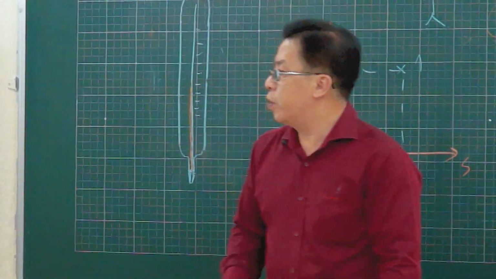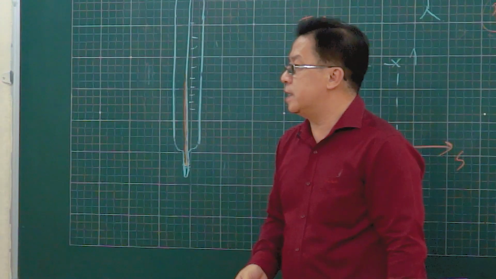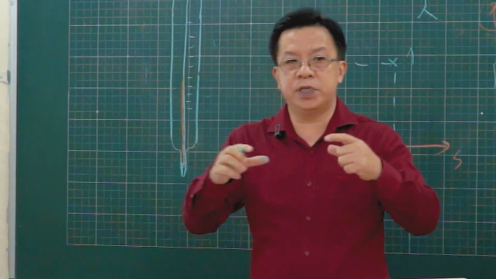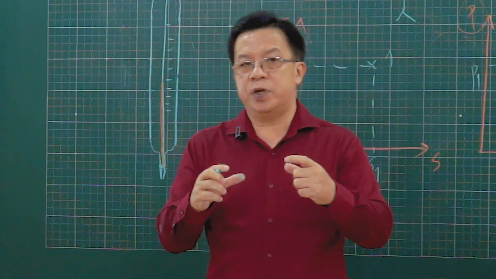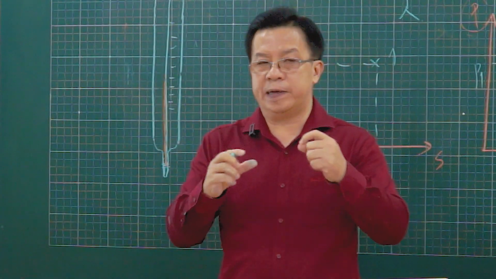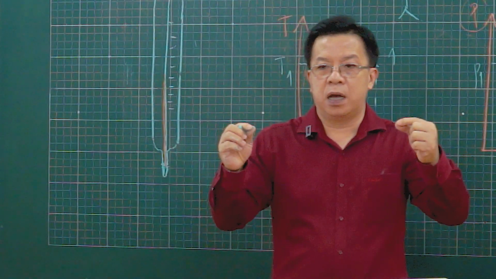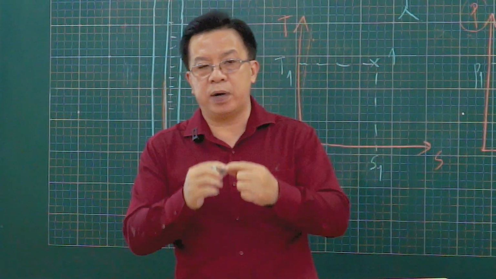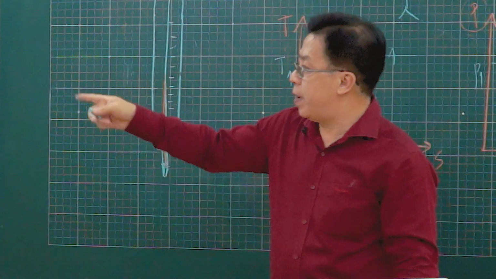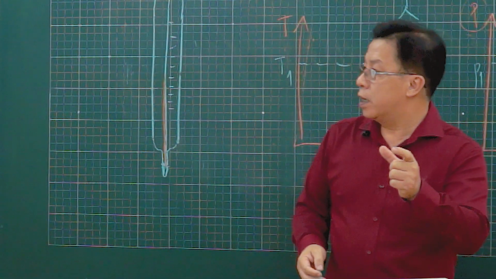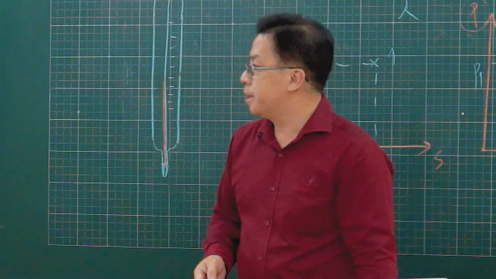The next one we call the resistance thermometer. You know that when the temperature changes, the resistance will expand or contract. So in this case, you can measure the temperature with the resistance thermometer.